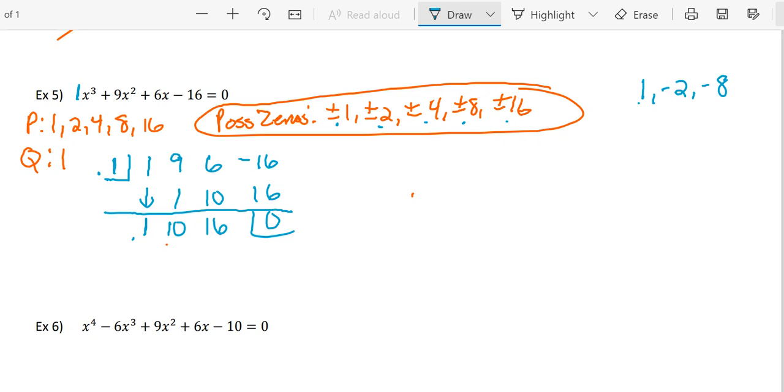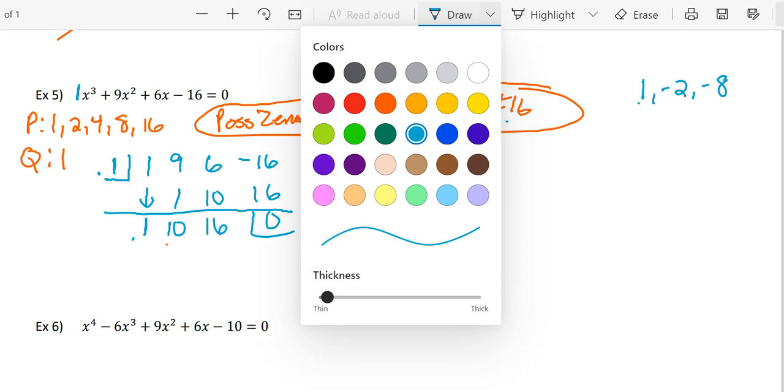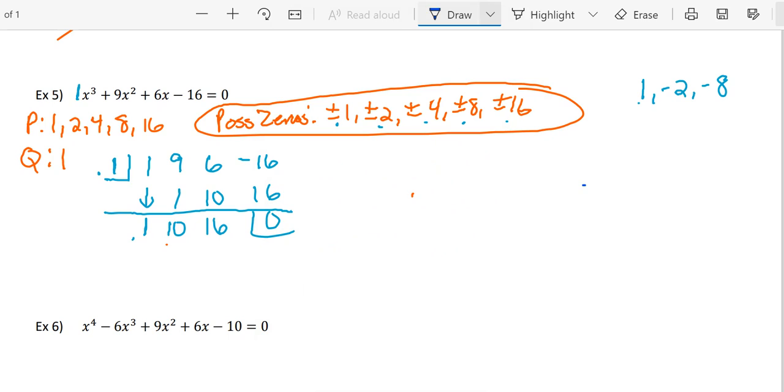Okay, so how do I write this when it comes to the solution, or how does this help me? Remember that since this is my solution, how I'm going to write it in binomial form is going to be x minus 1. Remember, it's always the opposite. And then remember that after I do my synthetic division, I always go down a power.